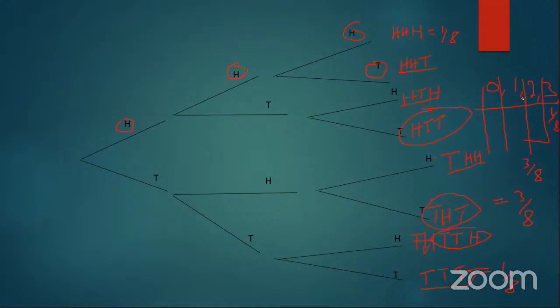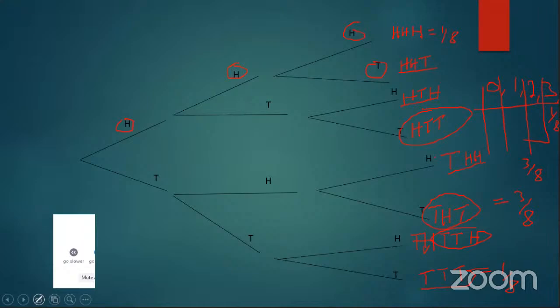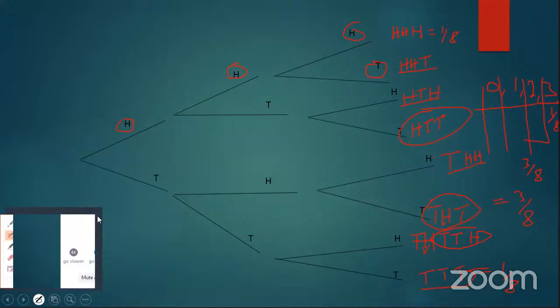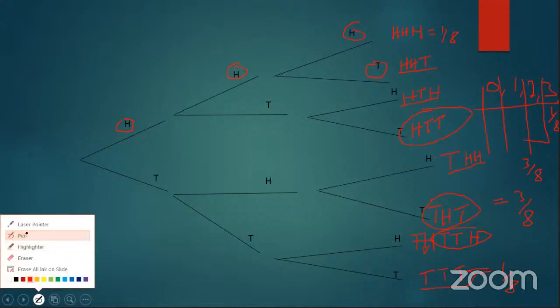Is that understood? No? It is not. Oh, wow. Okay. What would be the probability of getting all heads, all the 3 being heads? 1 out of 8.